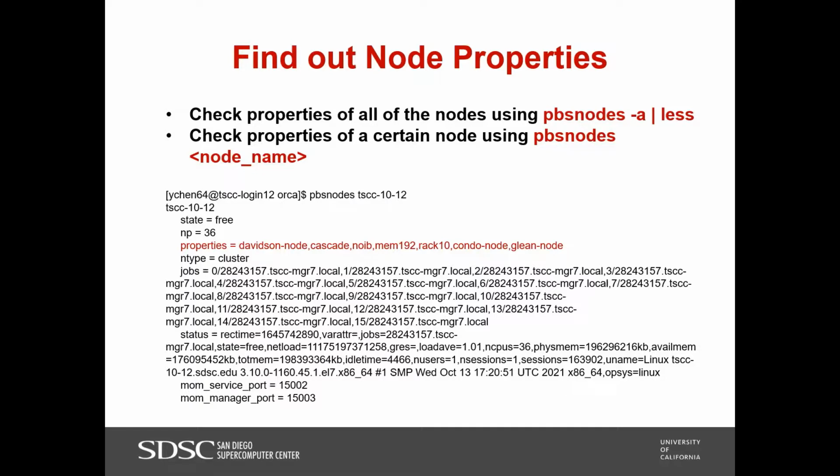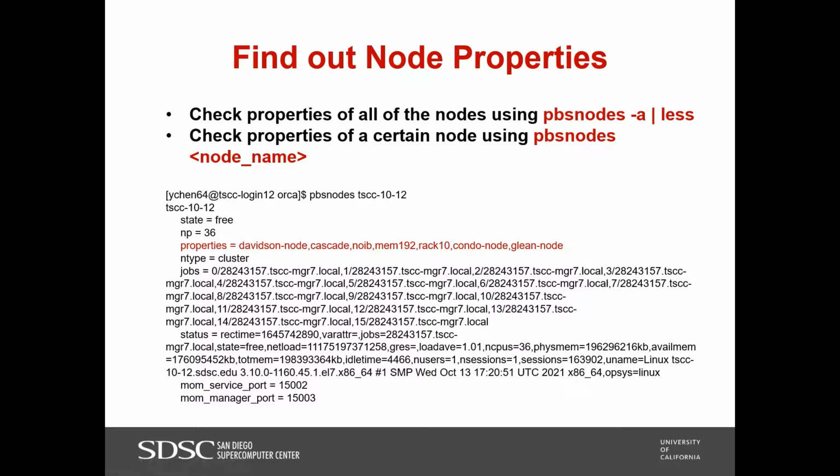And if you know the compute node you want to use, you can also use pbsnodes with that compute node name to find out the node properties. So here is the example to find out the TSCC-10-12 node properties. As I highlighted in red here, properties equal Davidson node, Cascade node, InfiniBand, memory 192, RAID10, and some Condo nodes and Glean node.